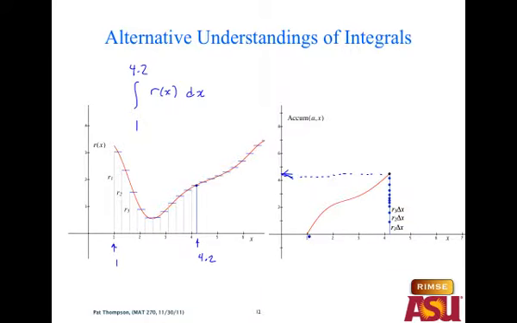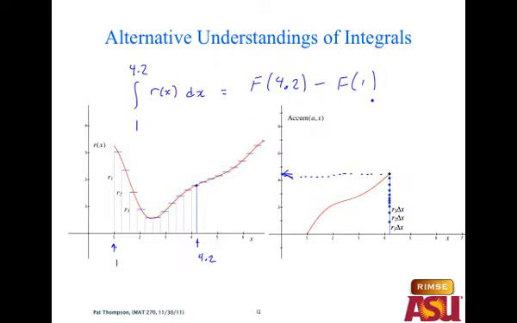If we say we're going to start accumulating at 1, then it'll be 0, and whatever we get at 4.2 would be that. Now if at 1 it was some other value, then we would have the final value minus whatever starting value we had.